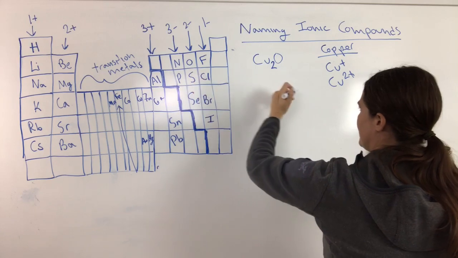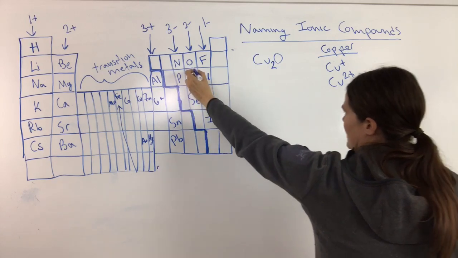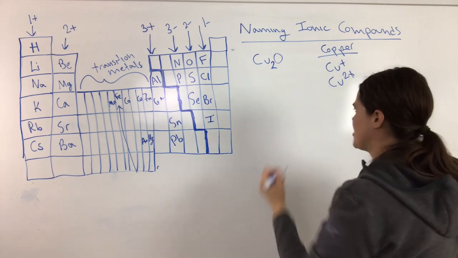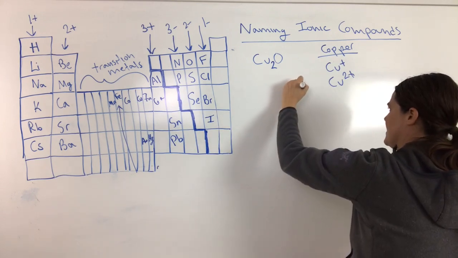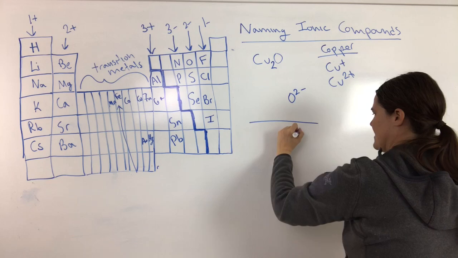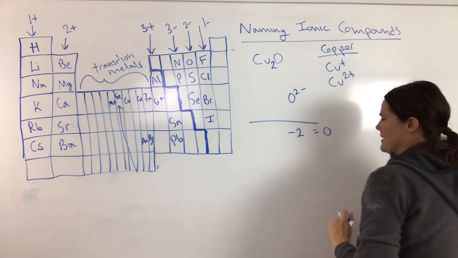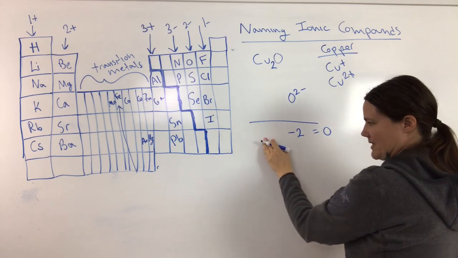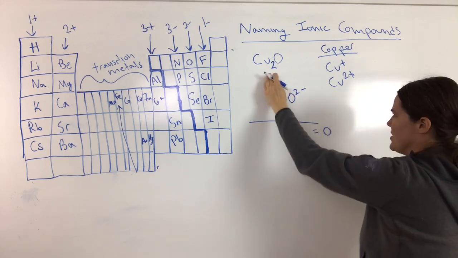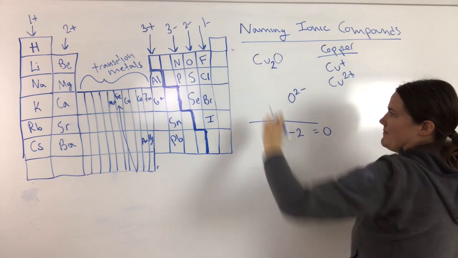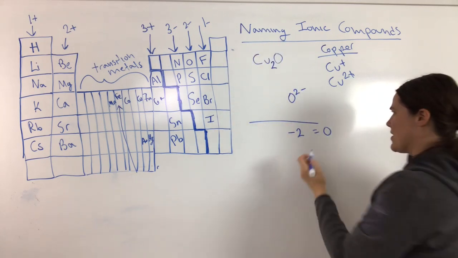So let's write down oxygen. We know that oxygen forms a 2- charge, so we can write down the 2-, and so we have a -2 charge here, and we need to add something to this to get a net charge of 0, because we know that this compound has a net 0 charge.